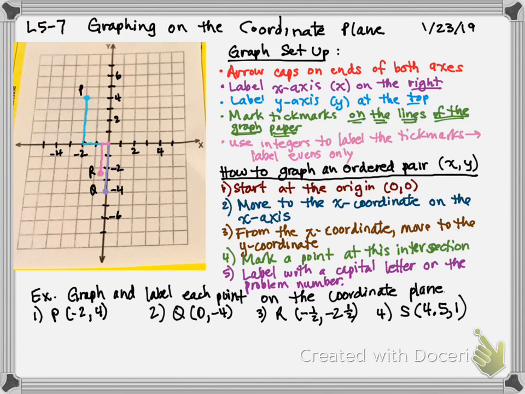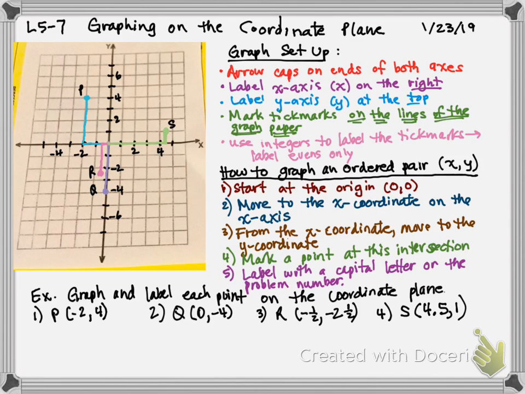So let's do a green. We start at the origin, and we're going to move to where 4.5 is. That's going to be halfway between 4 and 5. So notice I'm not marking a point, I'm just kind of pausing. Then I'm going to go up to 1 on the y-axis, and then that's where I'm going to make my point. And then that gets labeled S.